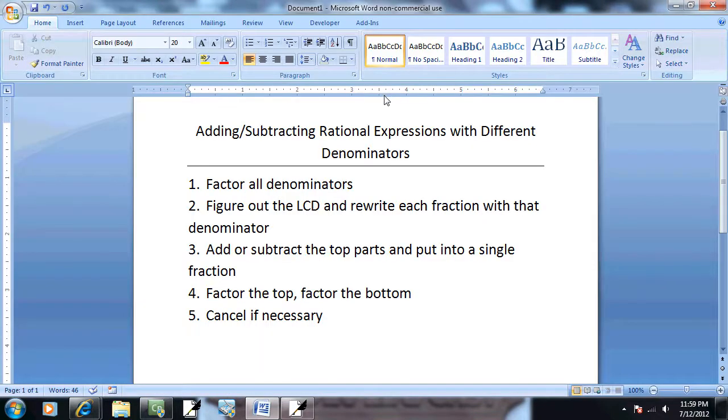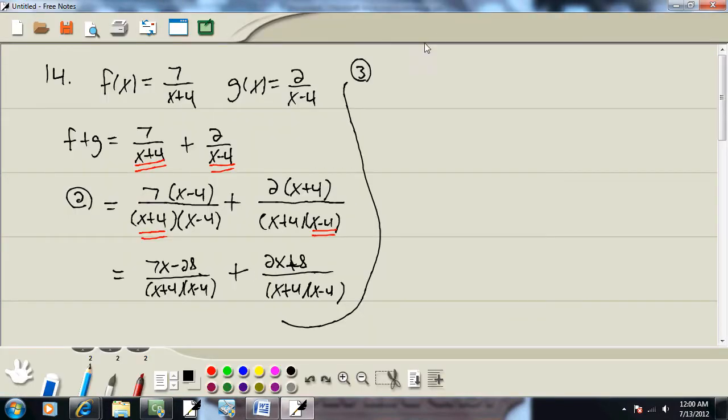Step 3. Add or subtract top parts and put into a single fraction. Well, we got a plus between them, so we're going to add them. So we got 7x minus 28 plus 2x plus 8, and put it over our least common denominator. No matter where you are in math, combine together like terms. 7x plus 2x is 9x. Negative 28 and 8 gives us negative 20.